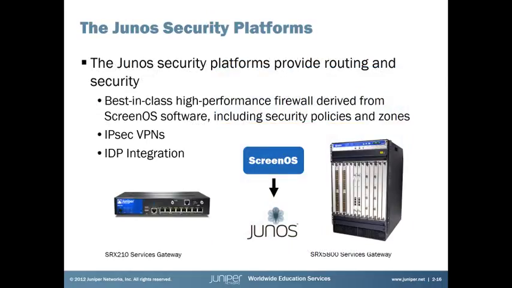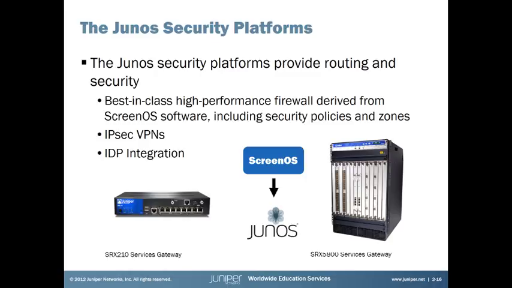Okay, let's look at the platforms that we're going to be using here. We are using the SRX device. It is the Juniper Security platform. They come in various sizes, various capabilities.